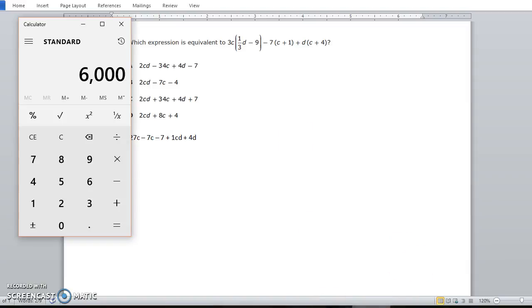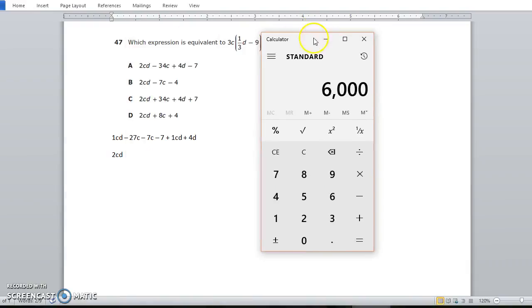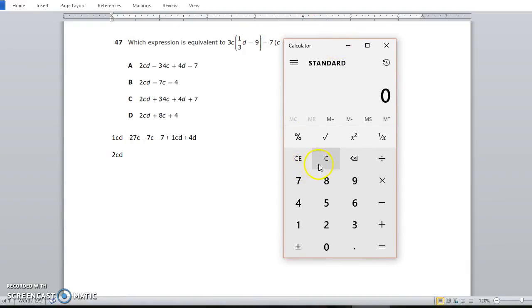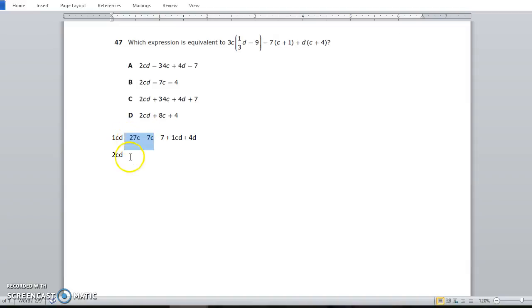So negative 27, here's the calculator, negative 27 minus 7 gives me negative 34c. So negative 34c. So I took care of this one, I took care of these two, I took care of this one. I still need to have the minus 7, and I still need to have a plus 4d.